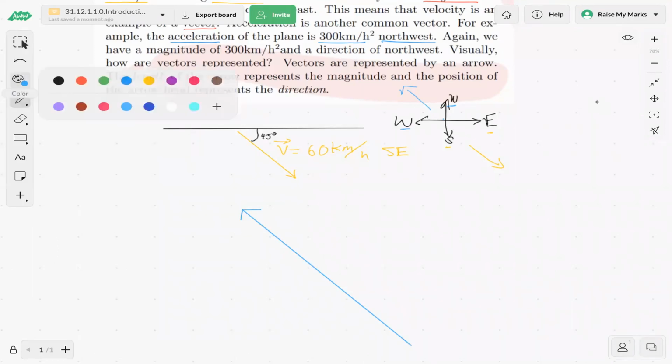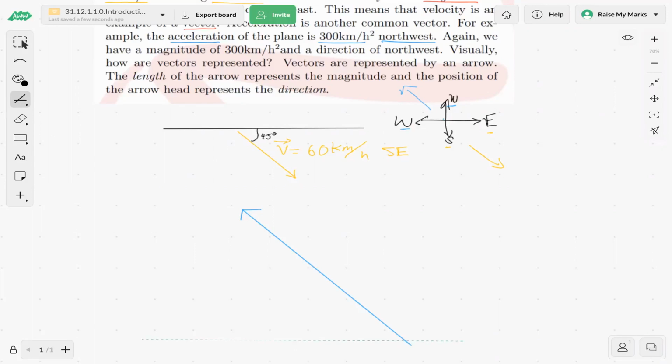And let's put in the horizontal. This angle here is 45 degrees. So this arrow, we're going to call it A, represents our 300 kilometers per hour squared northwest.